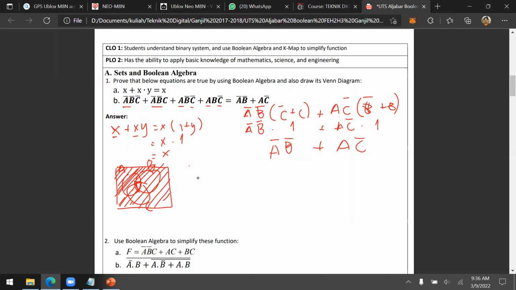And then A naught, B naught, C is what? A naught is the outside of this, and B naught is the outside of this, and then C is here. So it is in here.